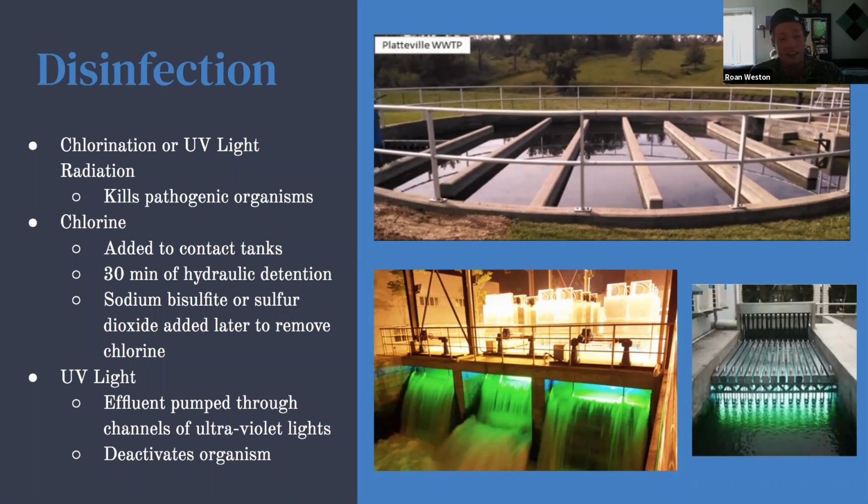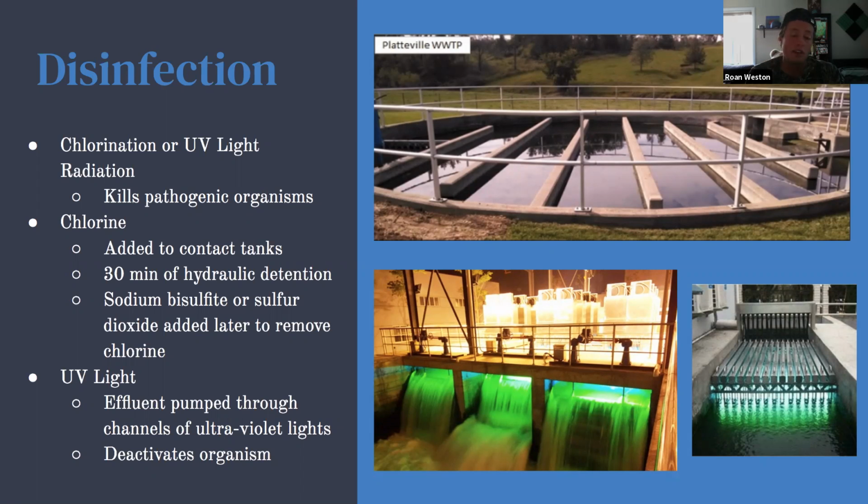After the jail time, you have to remove the chlorine in the water because it's highly toxic to both humans and all living organisms that could live in the environment. So you add sodium bisulfite and sulfur dioxide, and you can effectively remove the chlorine. But a lot of people are not very happy with this method because there's always a little bit of chlorine that's left in the water.